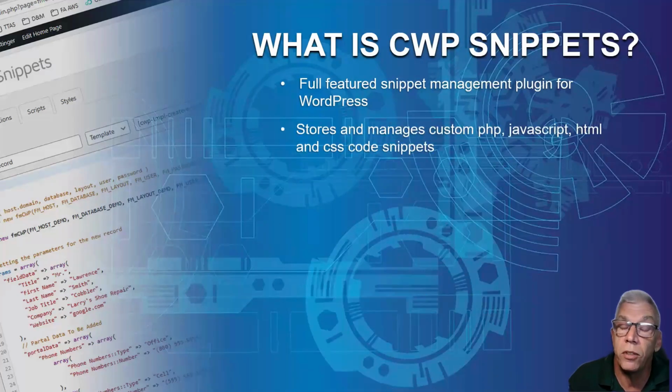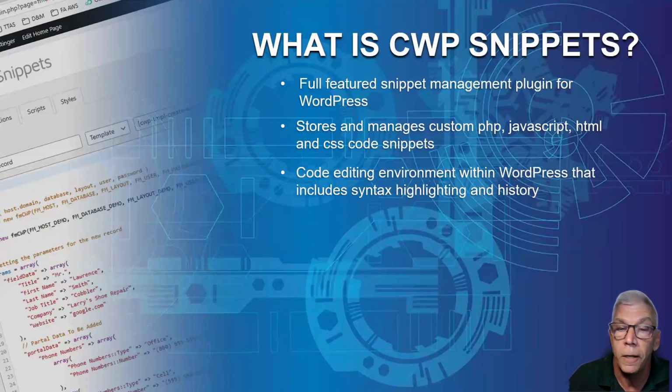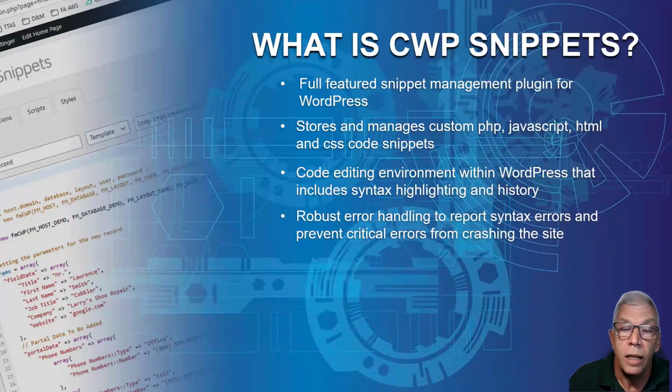CWP Snippets is basically a snippet management plugin that manages and stores custom PHP, JavaScript, HTML, and CSS code. It provides a code editing environment within WordPress so that you can edit the code right within your WordPress admin. It's built with robust error handling to report syntax errors and prevent critical errors from crashing the site.